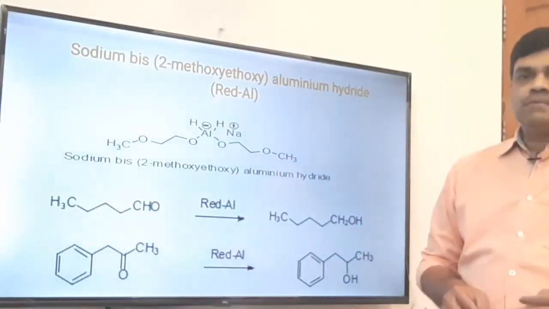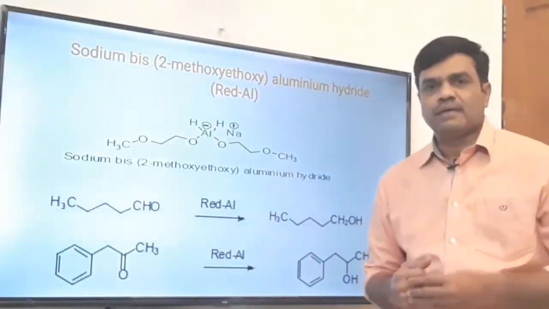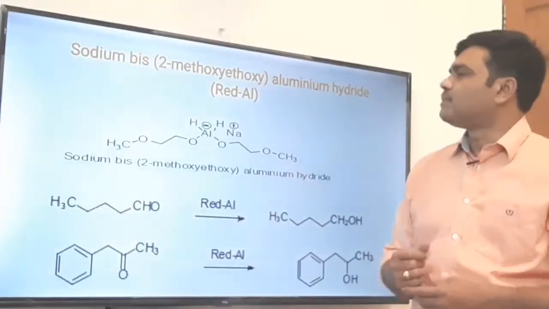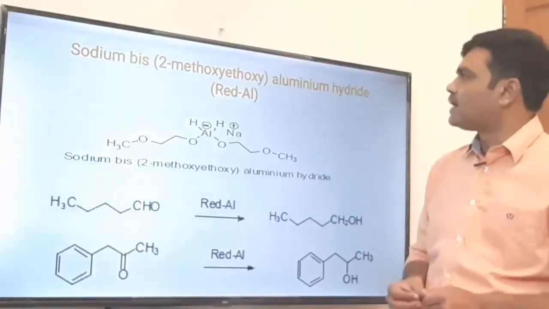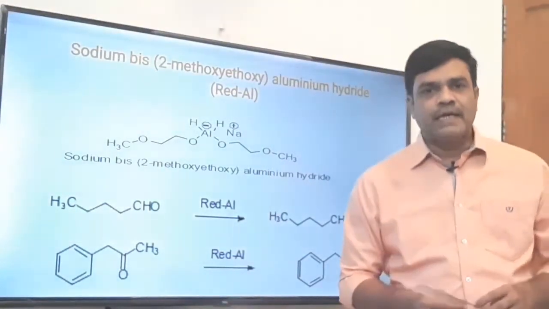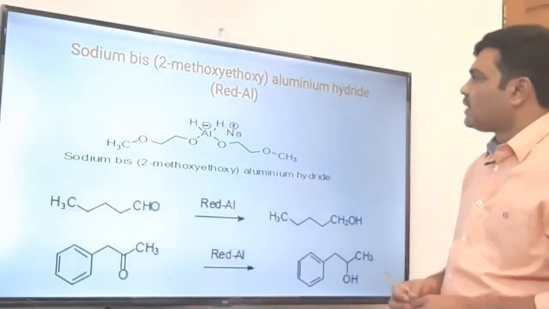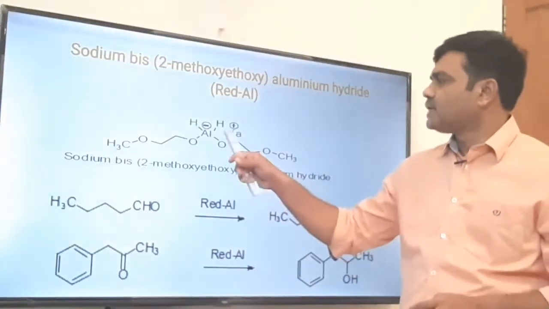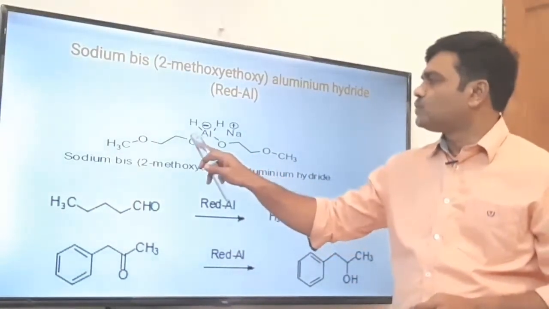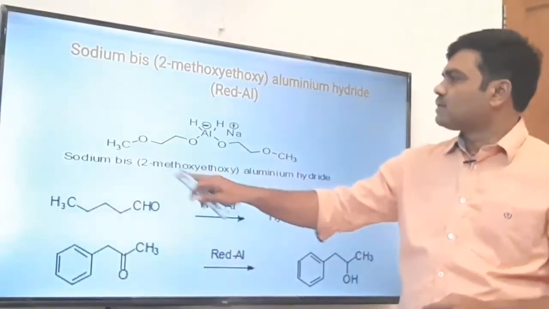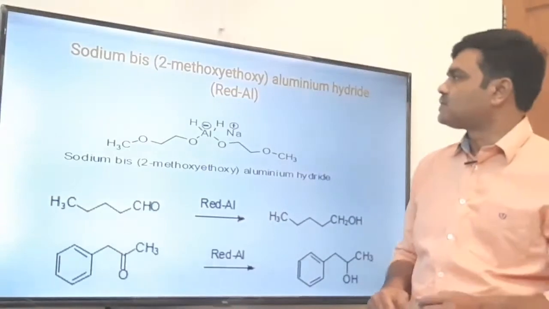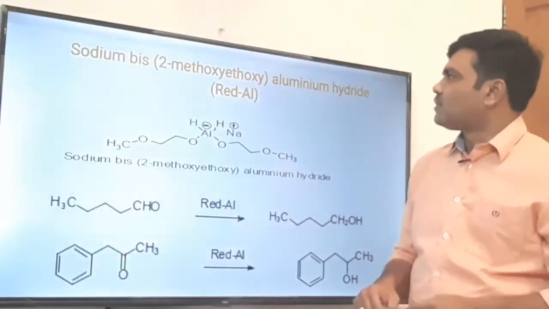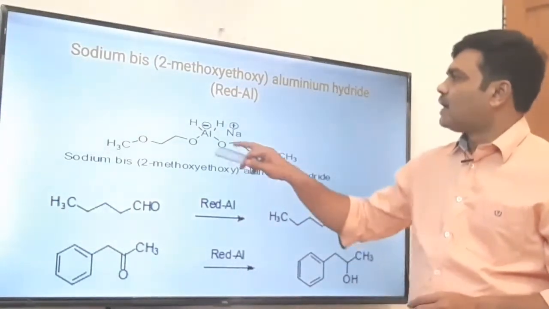First, let us see sodium bis(2-methoxyethoxy)aluminum hydride, that is Red-Al. This is abbreviated as Red-Al, and it is a derivative of sodium lithium aluminum hydride. This is the structure where aluminum is attached to 2-methoxyethoxy groups and 2 hydride atoms are there.